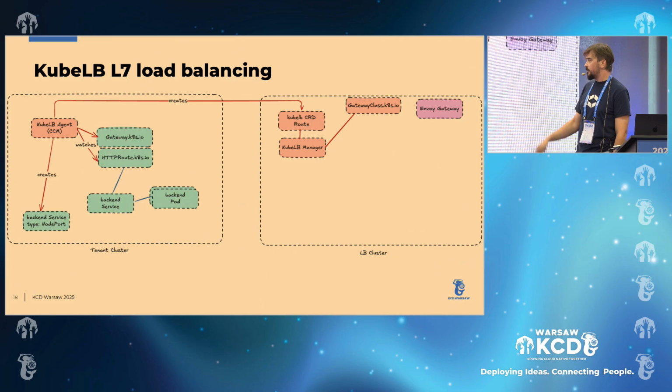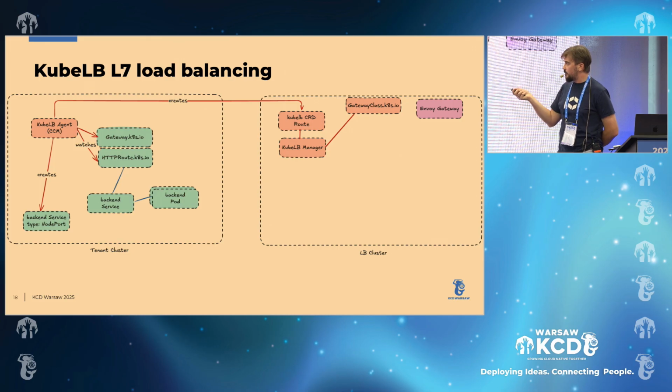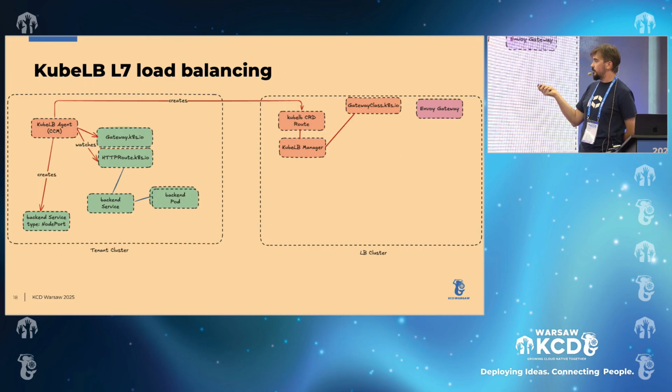So what happens is the KubeLB agent watches for changes to the gateway and HTTP route CRDs. It creates a backend service, which is a copy of our application, but on the node port. And also, it connects to the LB clusters and creates the specific KubeLB CRD route that mimics the configuration and shows how to deploy it.